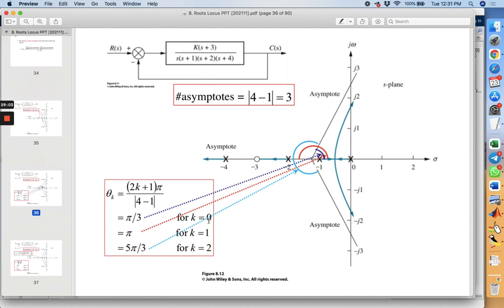We put k equals 0 in this formula, what we get is pi over 3. We put k equals 1 in this formula, we get pi. And we put k equals 2 in this formula, we get 5 pi over 3. These are the angles respectively.